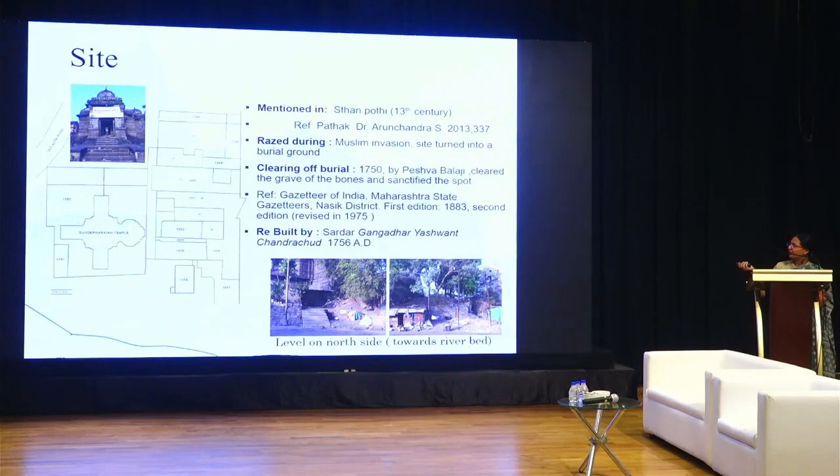This temple is mentioned in Chakradhar Swami's Tanpothi, and it was erased during the Islamic period. It was again built by Sardar Gangadhar Chandrachud, mentioned by Kalamdani sir, in 1756.